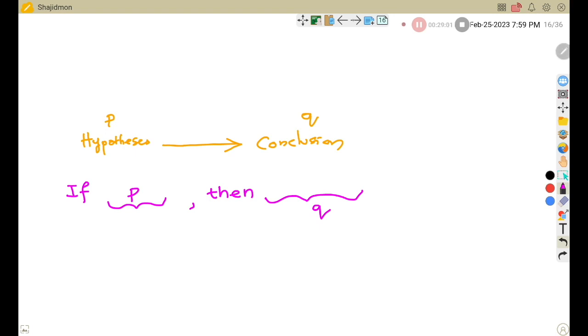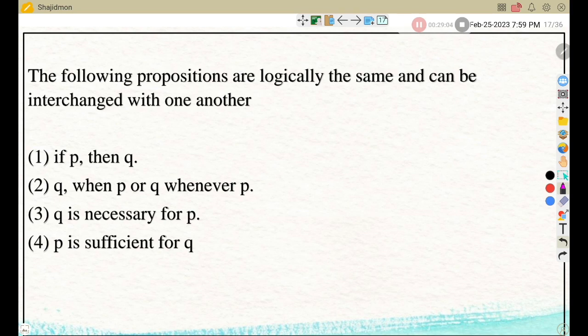Now let me go to some important remarks. The following propositions are logically the same, and we can interchange them with one another. P implies Q; normally we use it like this: if P then Q. We can also say Q whenever P. This we can also use for the implication statement.